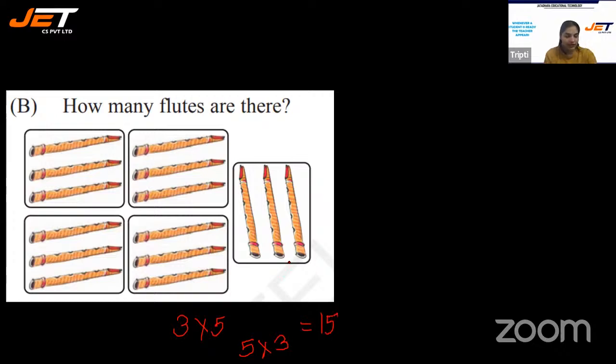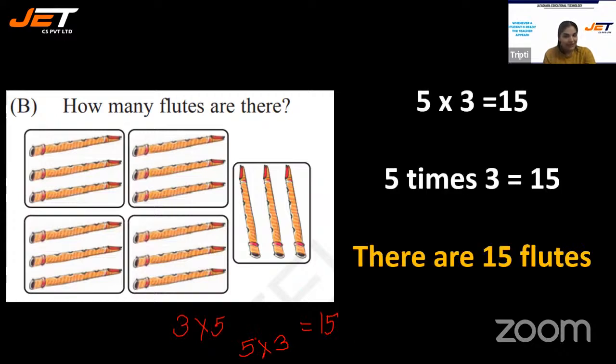Sorry, flutes actually, it's not candle, it's flute. So 3 times 5 is 15, or 5 times 3 is 15. That is, there are 15 flutes. Okay, 15 is the answer here.